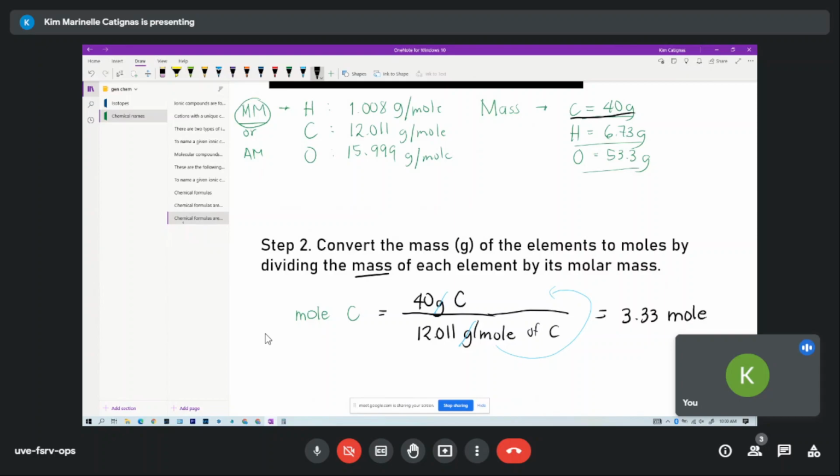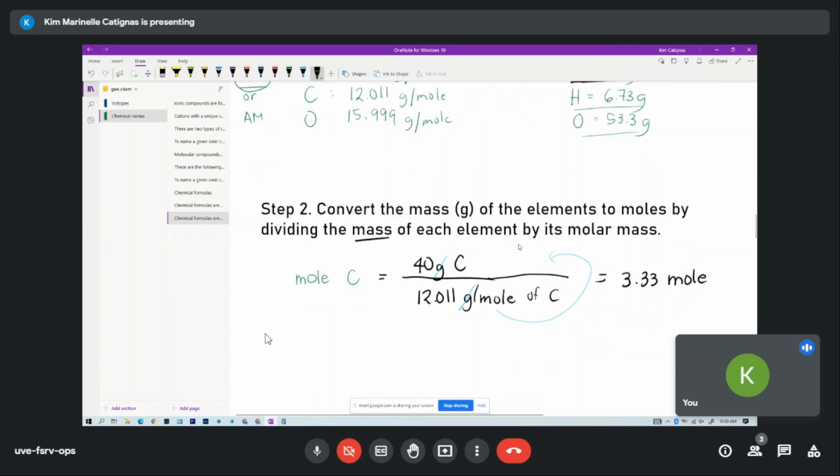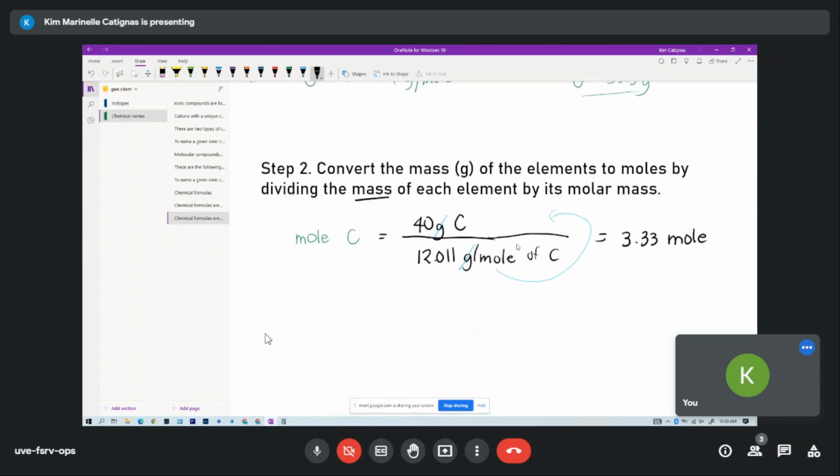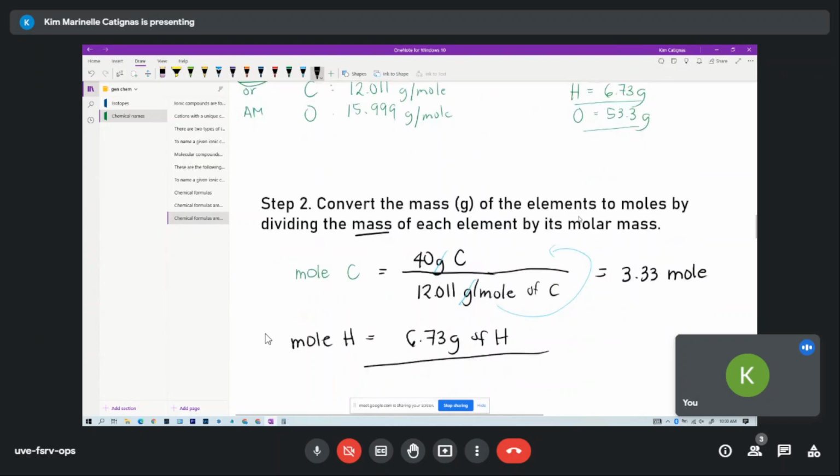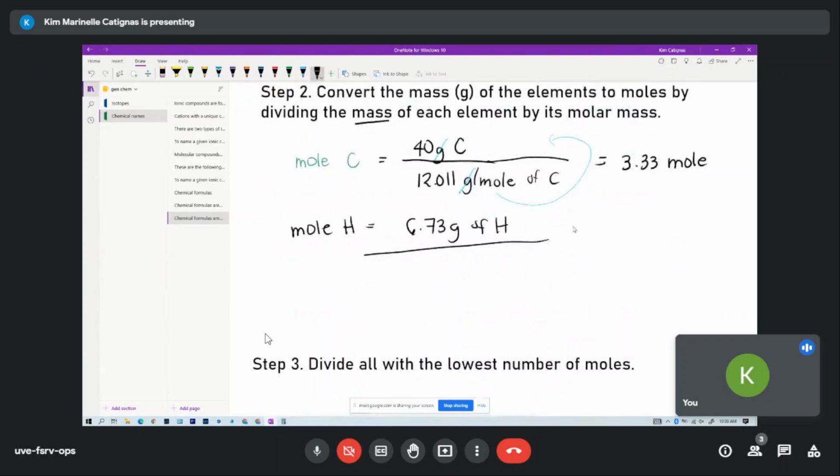Then, let's proceed to hydrogen. So, mole of hydrogen naman is, we have 6.73 grams of hydrogen. Then, i-divide natin siya sa molar mass ng hydrogen, which is 1.008 grams per mole of hydrogen.